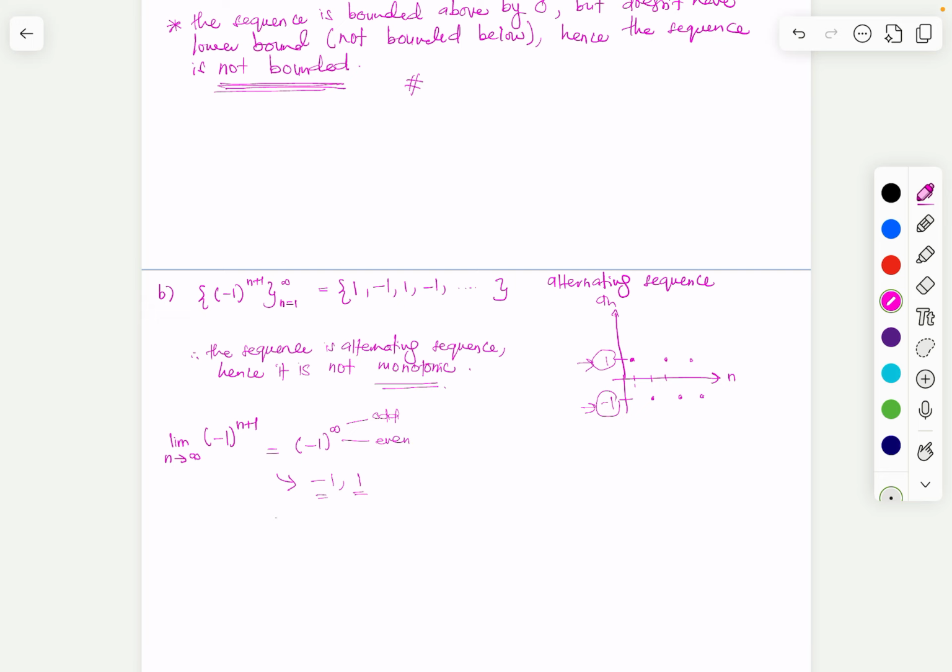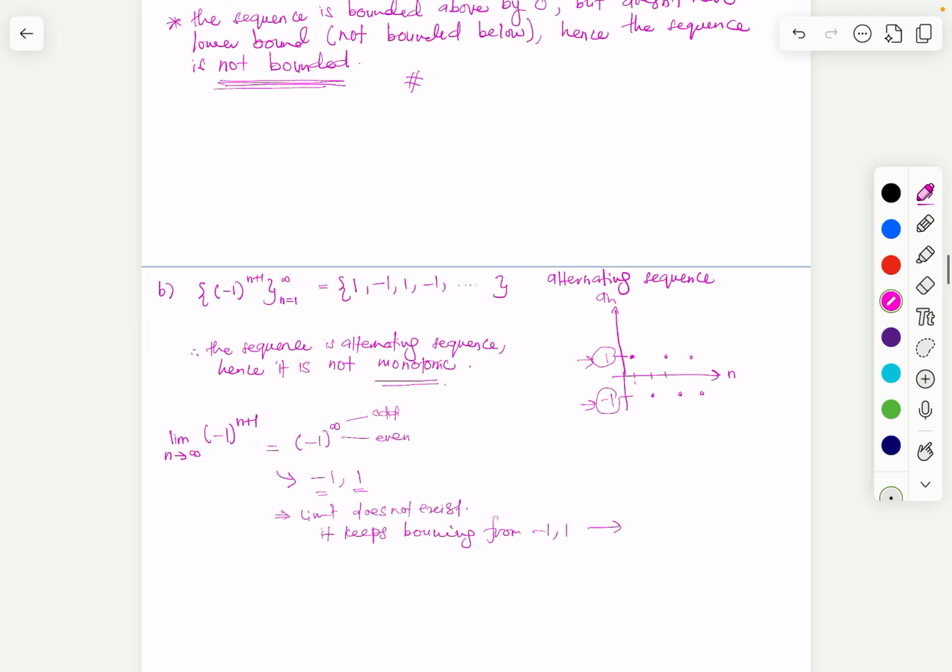Therefore we can say that the limit does not exist, because it keeps bouncing from -1 to 1 and so on forever, which is alternating. We do not know what the very last point is. It is either -1 or 1 forever.